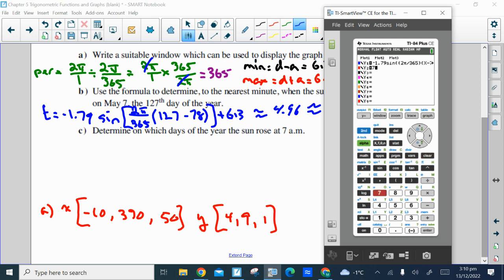We want to know on what days of the year the sun rose at 7 a.m. So y equals 7 will be our second equation. So we need to find those 2 points of intersection. So it's close to day 50 because that was my scale. Actually, day 55.